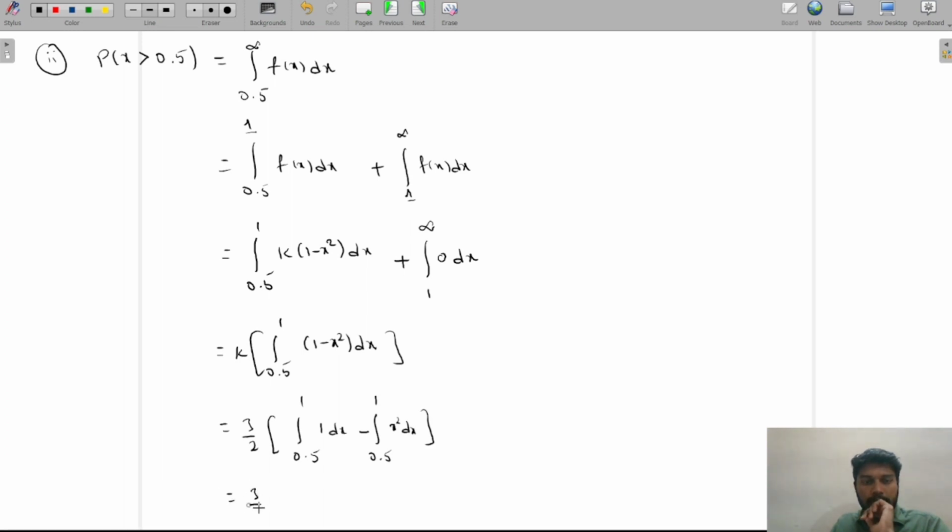Next, 3 by 2 of the integration of 1 dx is x, and the limits are 0.5 to 1, minus the integration of x squared, which becomes x cube by 3, from 0.5 to 1. Okay.